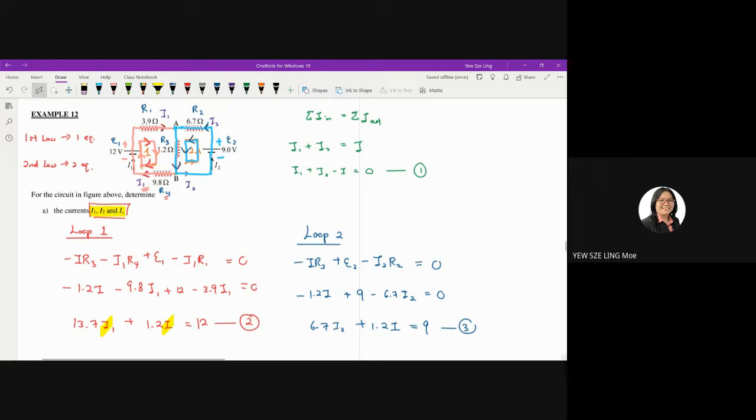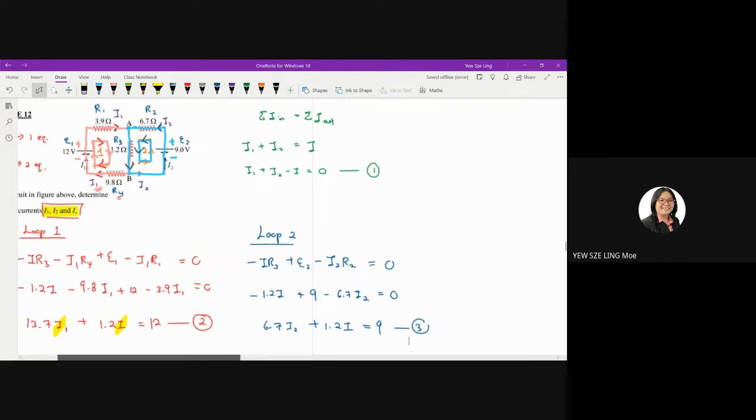Now when we arrive at this step, what am I going to do? I'm going to rewrite these three equations in a more tidy form, starting from the first equation. I1 plus I2 minus I equals 0. This is the first equation.